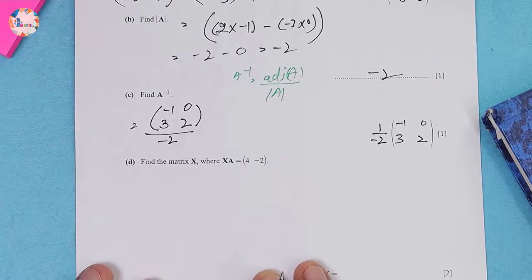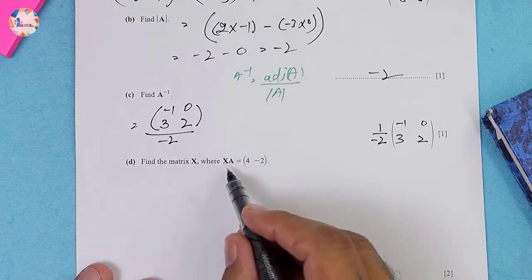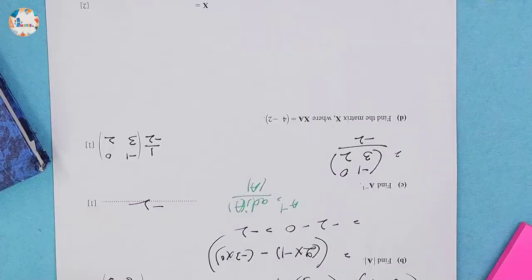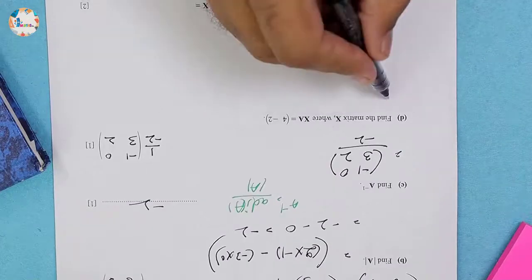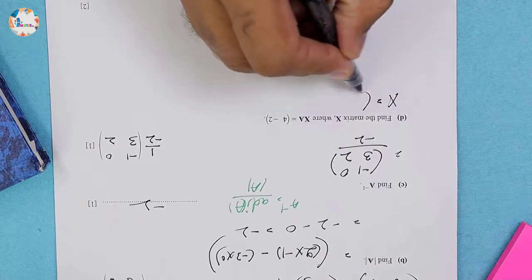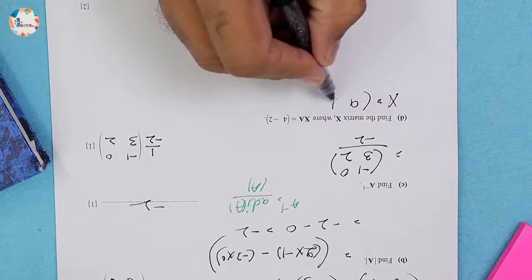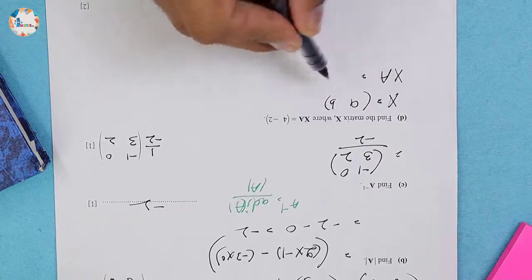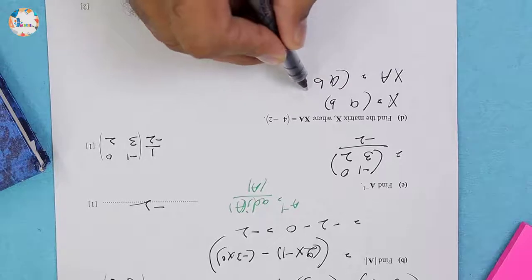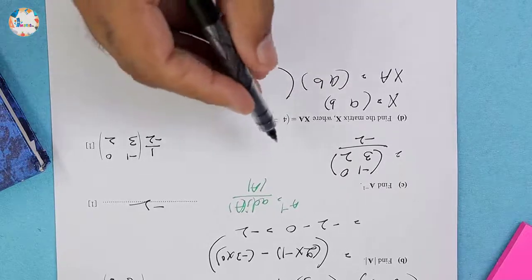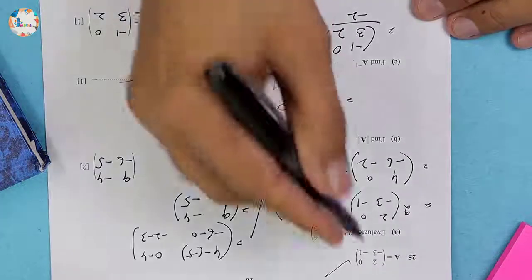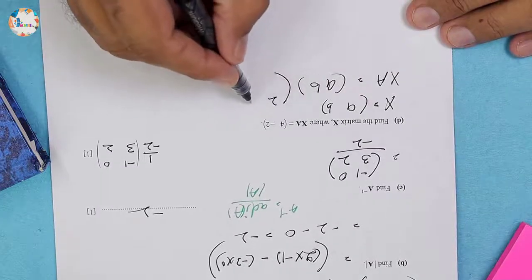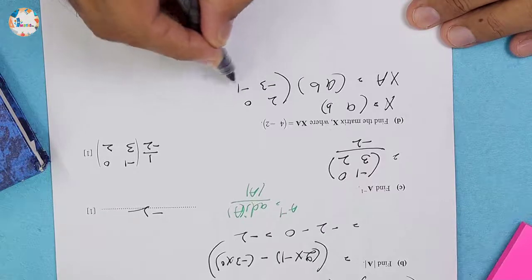Now find the matrix X where XA is equal to 4, minus 2. So we can consider X as X is equal to A and B, and this matrix we will find XA is equal to A, B, and with A we have this one, 2, 0, minus 3 and minus 1.